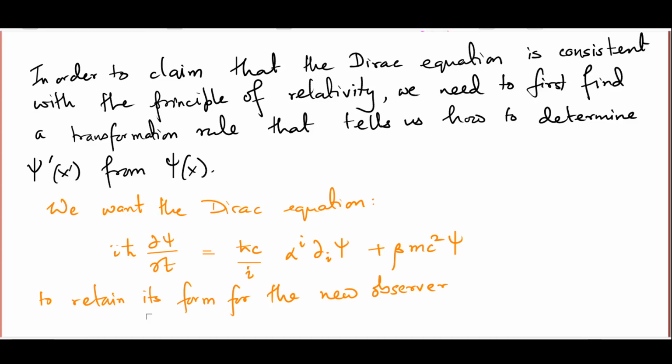The alpha i's multiply spatial derivatives. The beta multiplies just the rest energy term mc squared psi. There is no coefficient on the del t term, and that actually makes it look slightly not so relativistic.